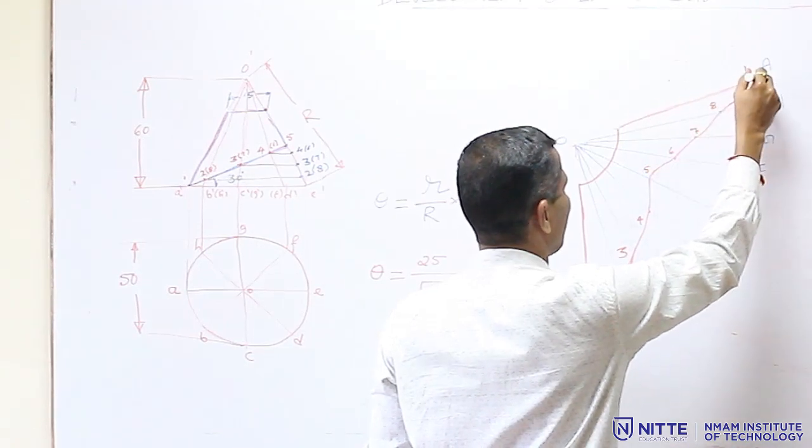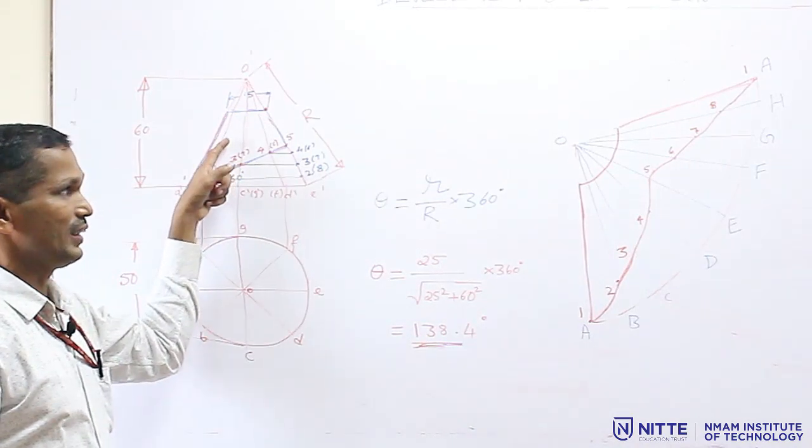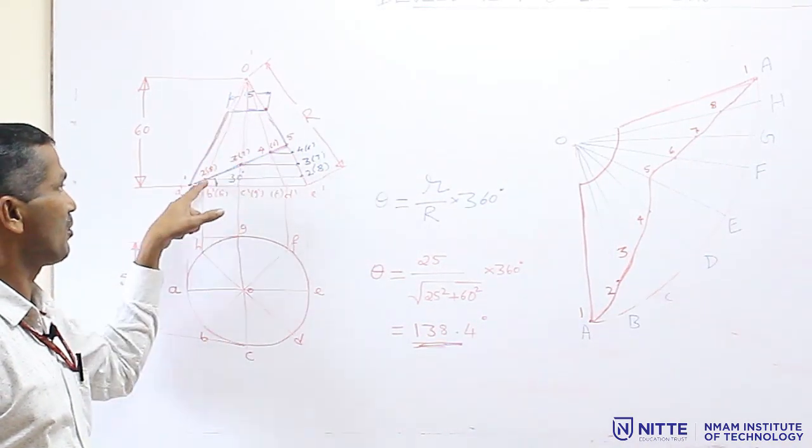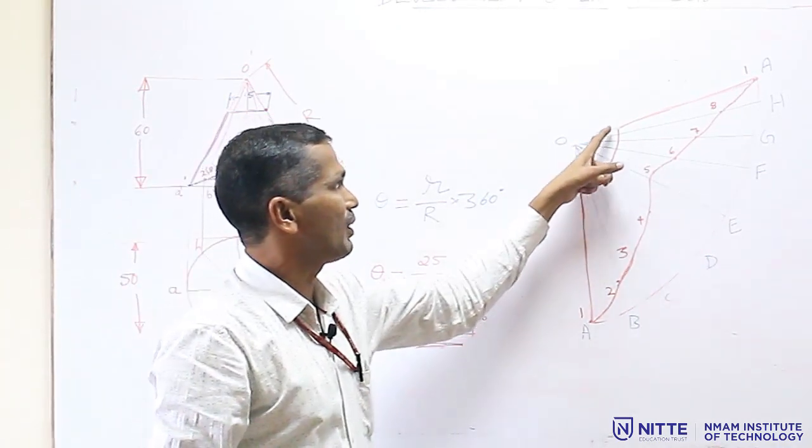This is also dark. So, this is how the development of this particular cone, that is the partial cone, looks: a part is removed from the base, a part is removed from the top. So, that is how the remaining part will be like this.